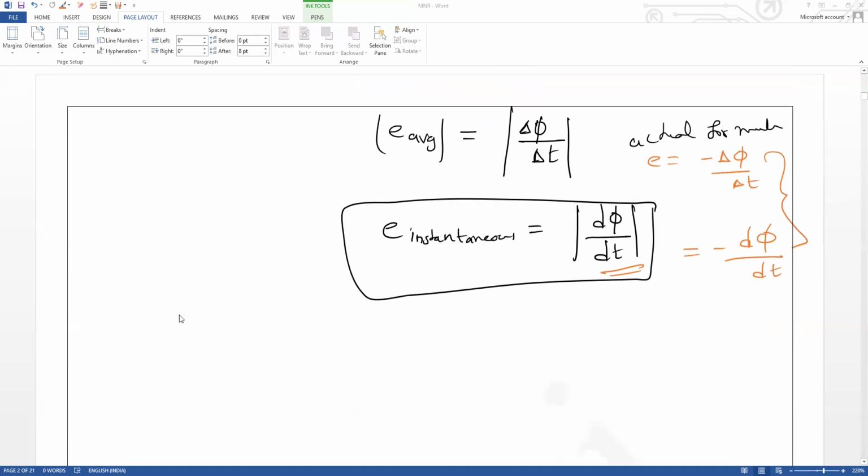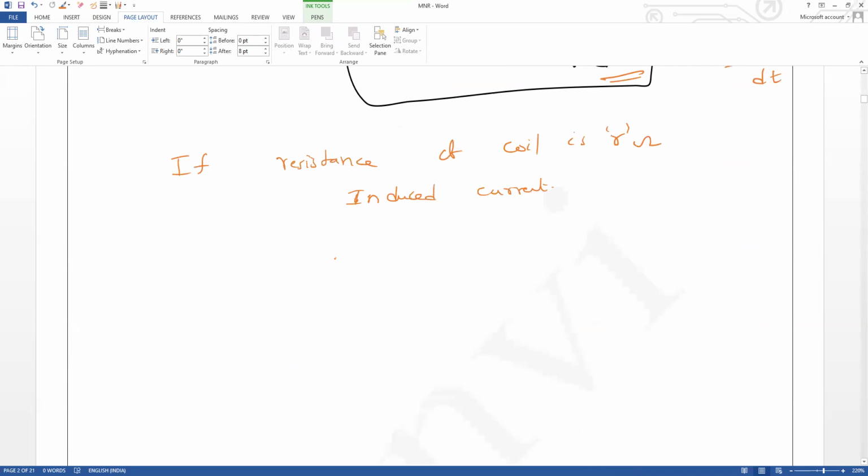Now in this case, if the coil has a resistance R, the coil having R ohms, then what is the induced current? Understanding? The average current is equal to the average induced EMF divided by R. Is it right or wrong?